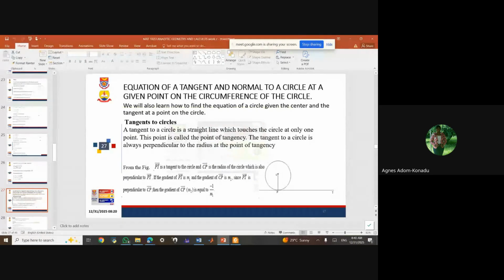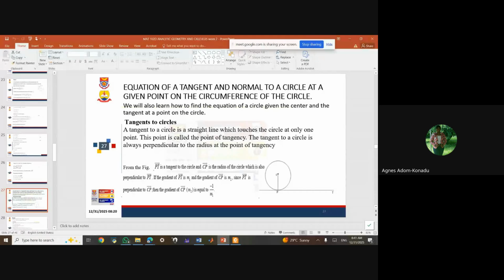So we want to continue with the equation of a tangent and normal to a circle at a given point on the circumference of the circle. We'll also learn how to find the equation of a circle given the center and the tangent at a point on the circle.